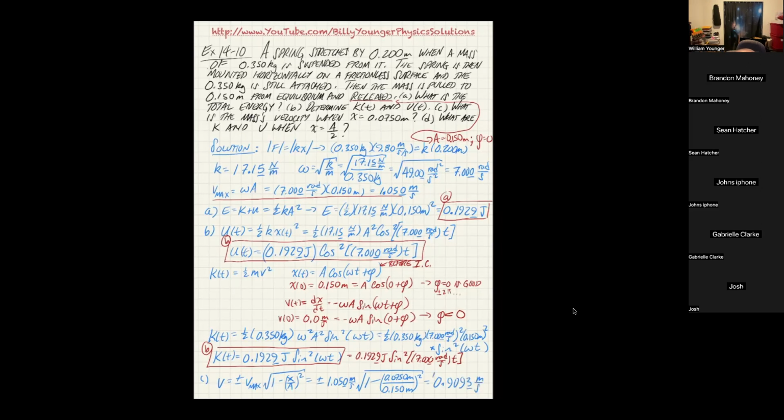Technically it's plus or minus because we really don't know enough information to say whether it's going to the left or to the right. So that's part C. Anybody have any questions on that part?